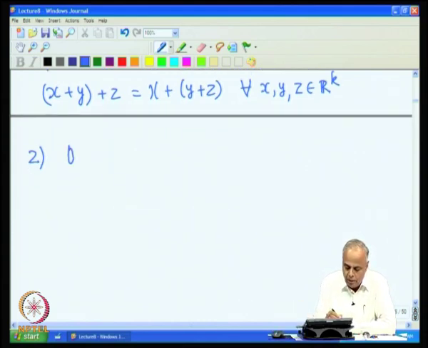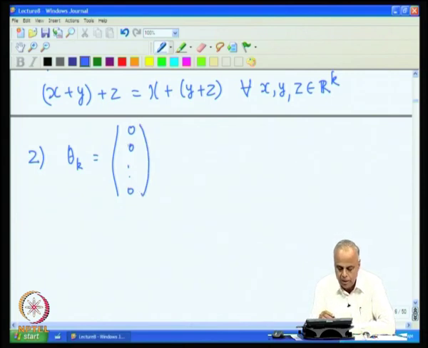Look at the vector or the matrix theta k, with entries 0, 0, 0, 0. Now, the 0 on the right hand side is the real number 0. So, in R we have this real number 0. Now, we have formed a column matrix where all the entries are 0. Since 0 is a real number, this belongs to R k.